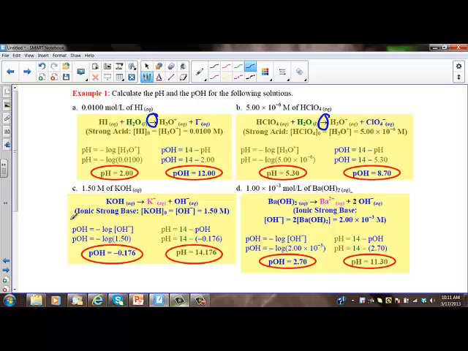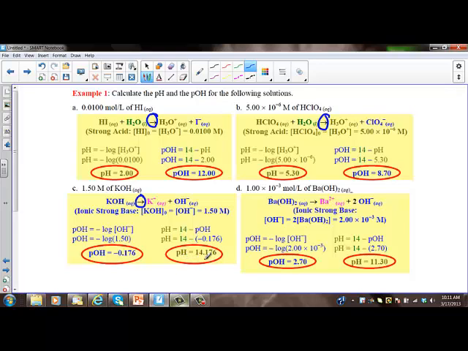Now going the other way, here's some examples of bases. 1.5 molar KOH is a strong base, completely dissociates. So we have the negative log of the OH- concentration, which gives us a pOH of negative 0.176. So then our pH is 14 minus my pOH, which gives me a pH of 14.176.